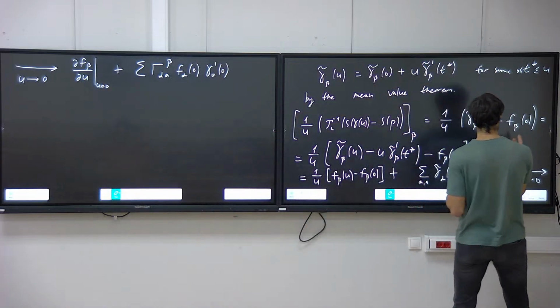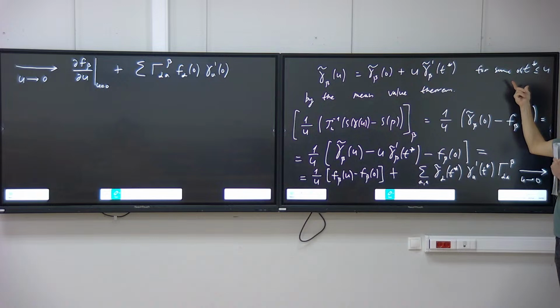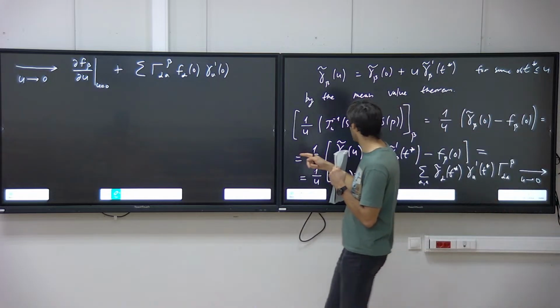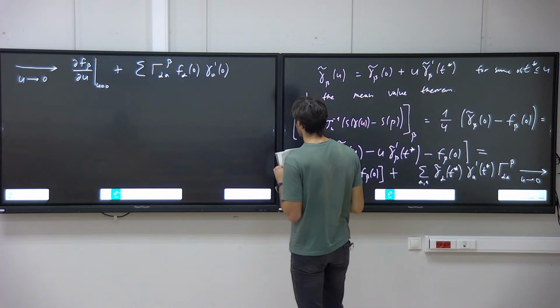Right, t star is squeezed between 0 and u, so therefore it goes to 0, so I can write it like that.